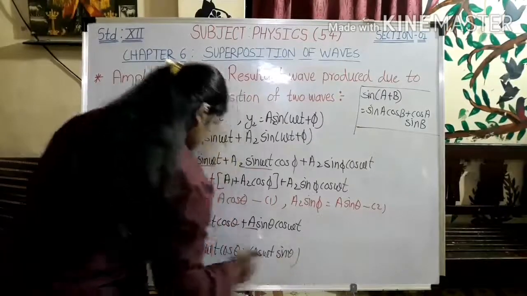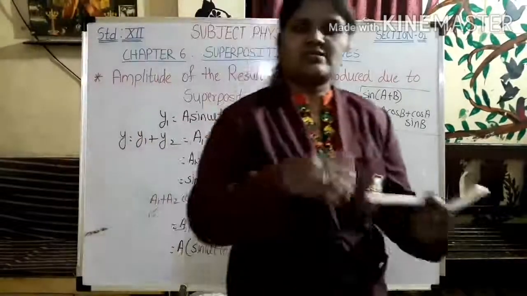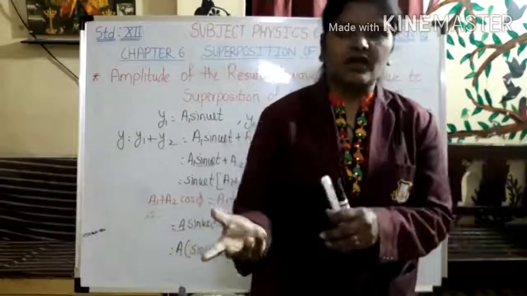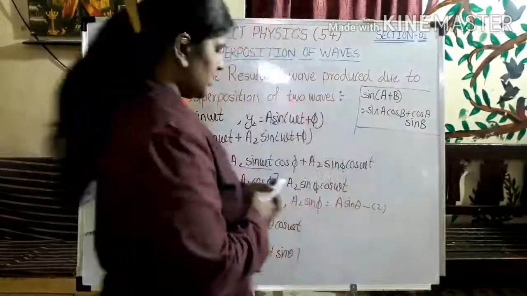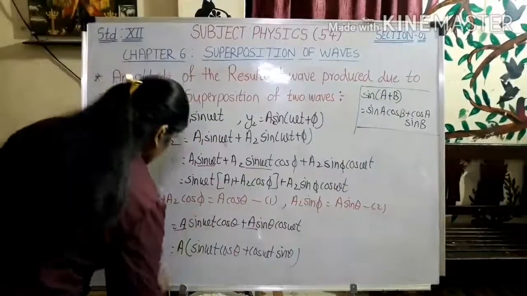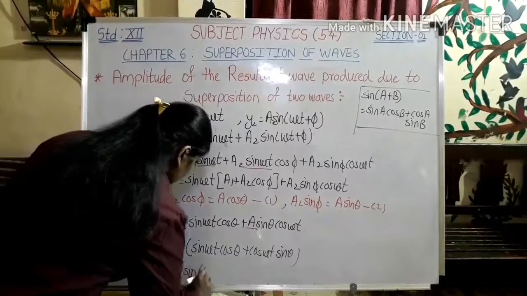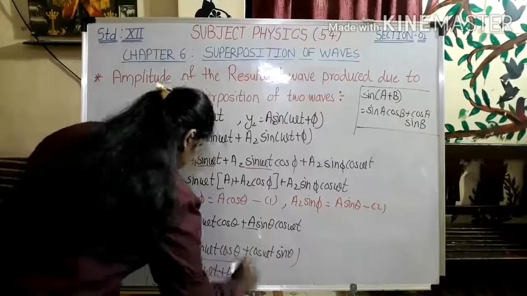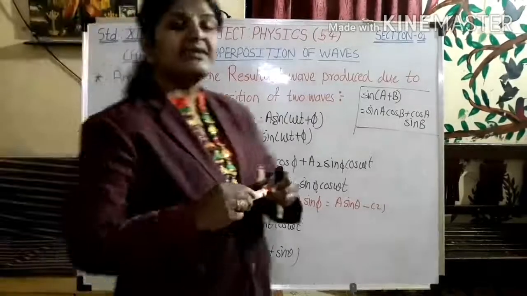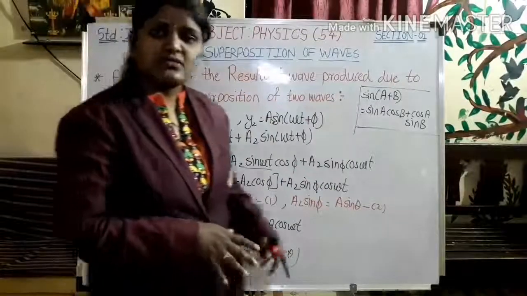Now what is this? This is nothing but sine of a plus b. Again we are getting the same term. So we are getting y as a sine of omega t plus theta. So this is nothing but the resultant displacement, resultant equation y is equal to.